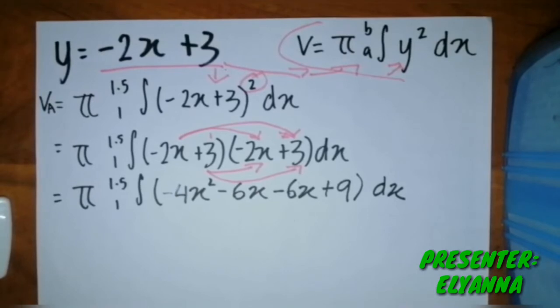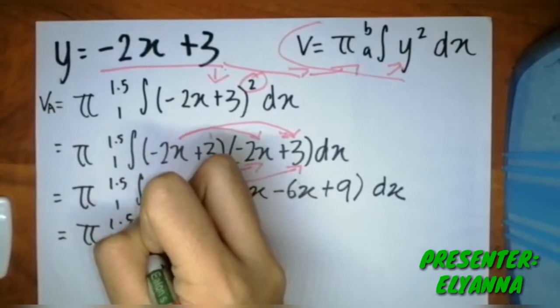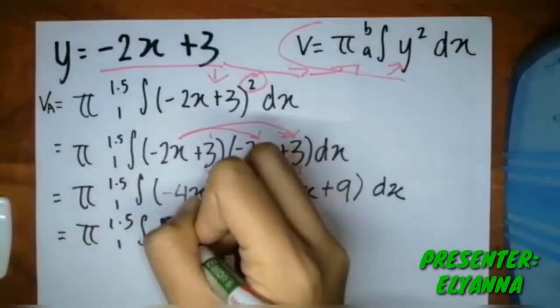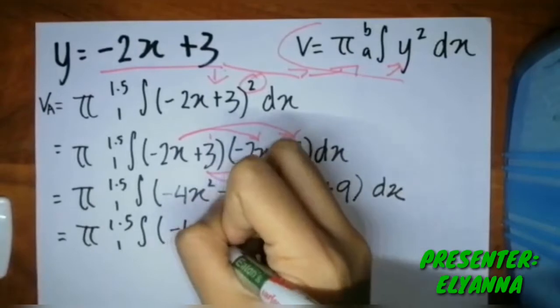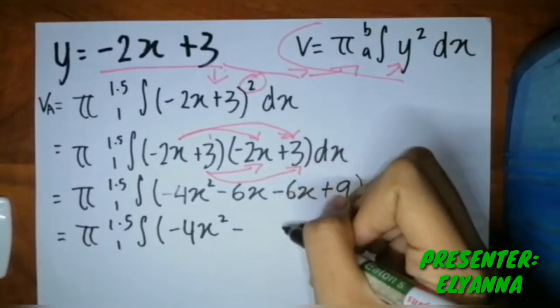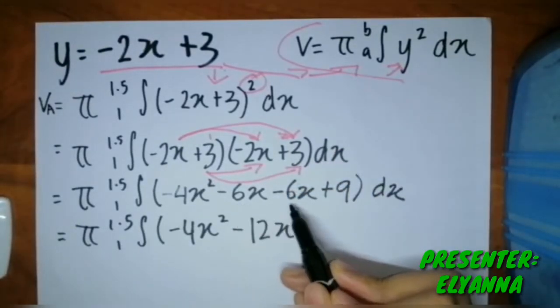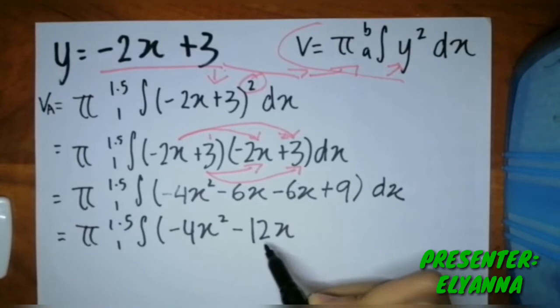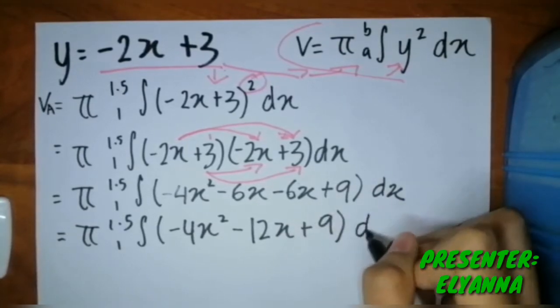After that, you will find a new equation, and then you can integrate it as usual after you find the final equation, which is negative 4x power of 2 minus 12x, because negative 6 minus 6, it will become negative 12x plus 9, close bracket, dx.